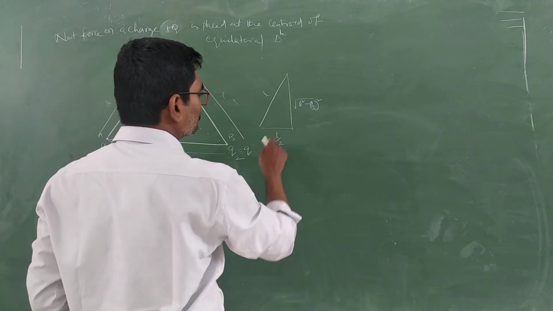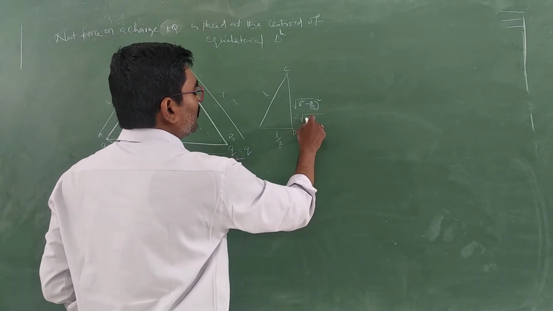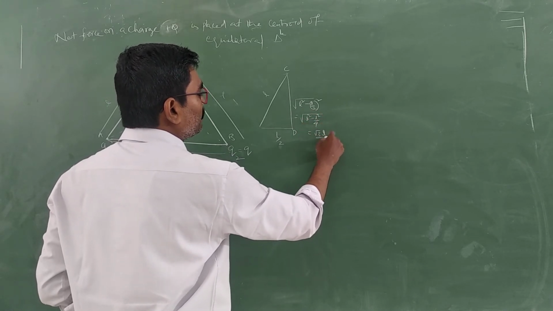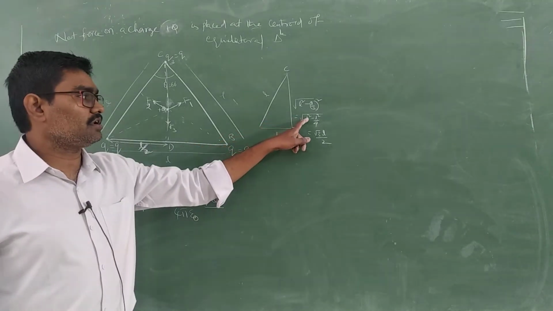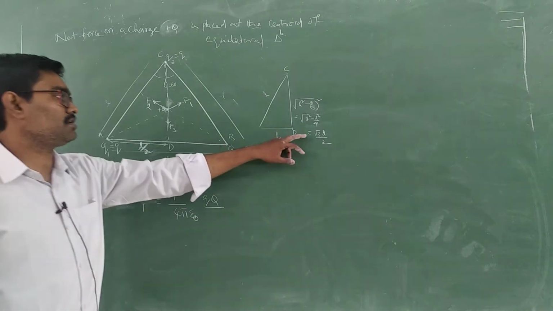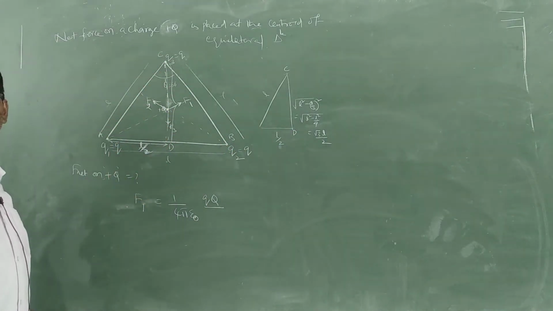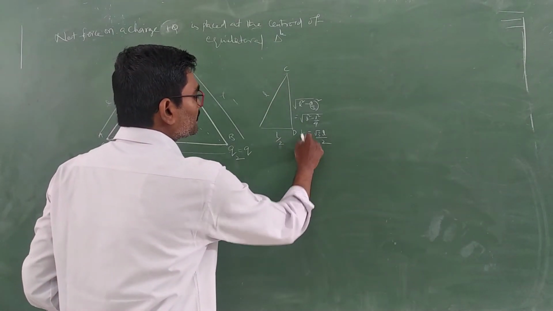I am going to calculate CD. Root over L square minus L square by 4, so root 3 L by 2. Root over 3L square by 4 under root, so it comes out root 3L by 2. So that root 3L by 2 is the value. This is the height.